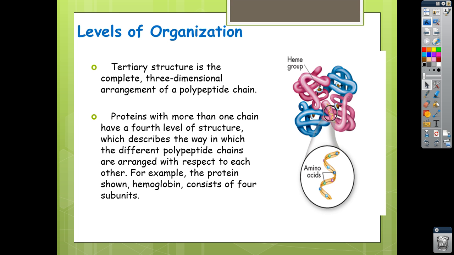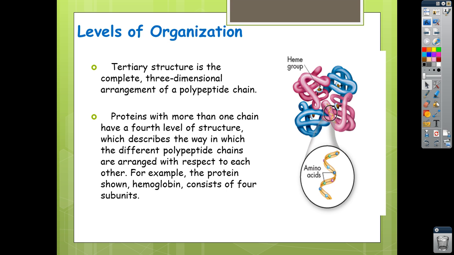After that, this tertiary structure and that tertiary structure and a third and a fourth and a fifth and so forth start to link together. You now have the quaternary structure. Your quaternary structure is basically proteins built together, or your protein. So a protein with more than one chain is that fourth level of the structure.